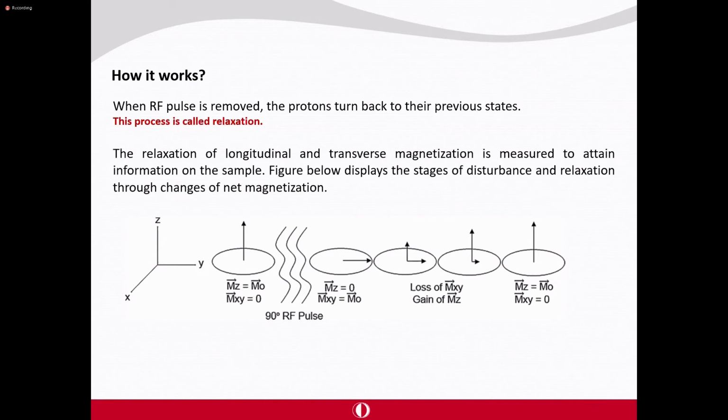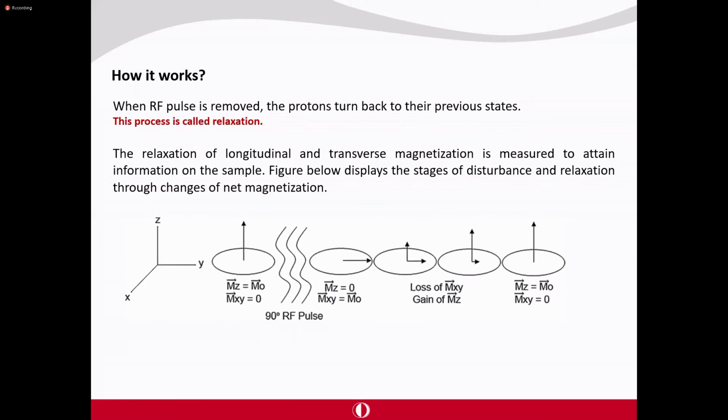Okay, so the relaxation of longitudinal and transverse magnetization is measured to obtain information on the sample. And here you see the states of disturbance and relaxation through the changes of the net magnetization. In fact, this process is mostly what we are measuring in time domain NMR, the relaxation times.